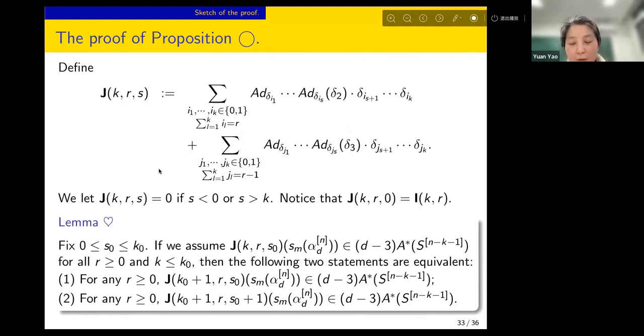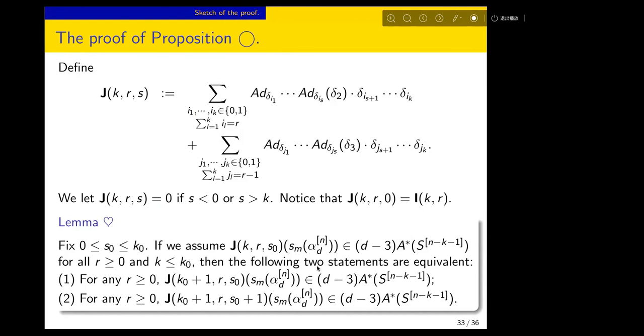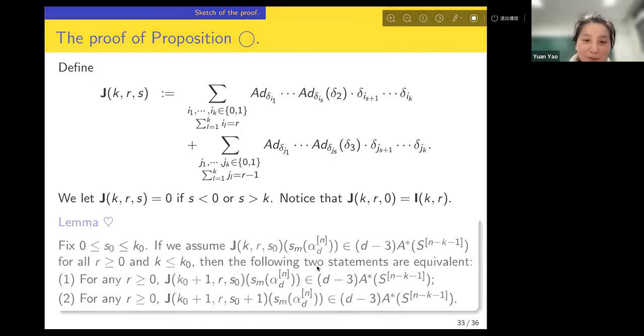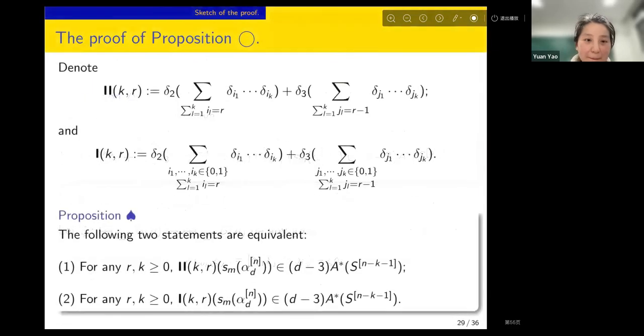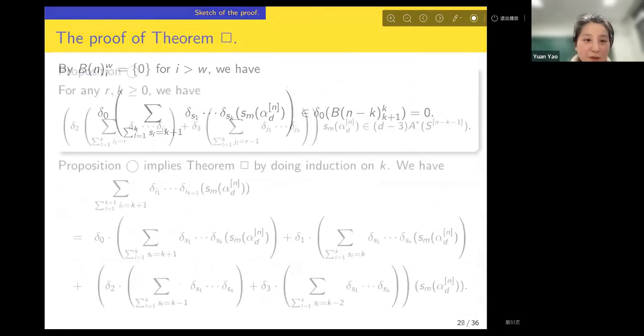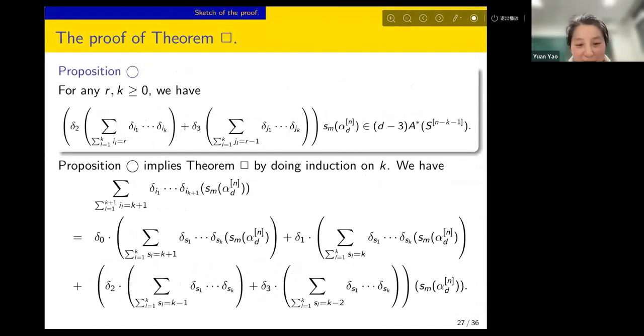Now we get that I_KR acts on any integral class for this alpha d n and you get the factor d minus 3. So this is our proposition circle, which proves theorem square, which proves the main theorem.